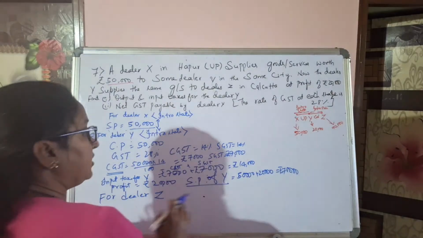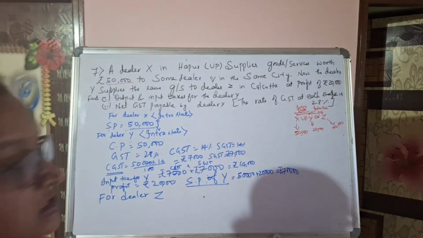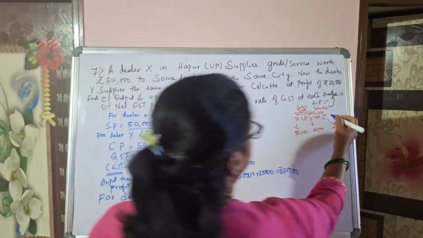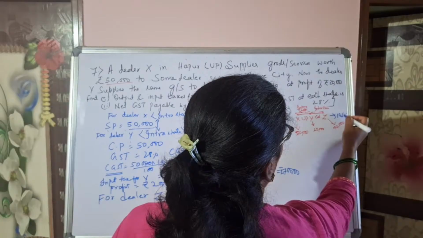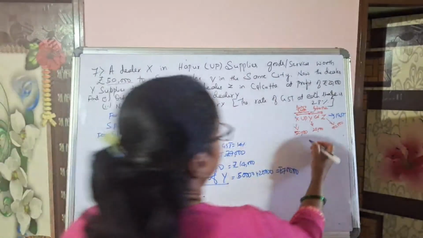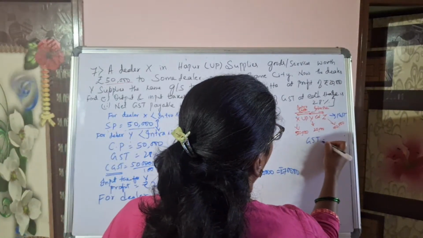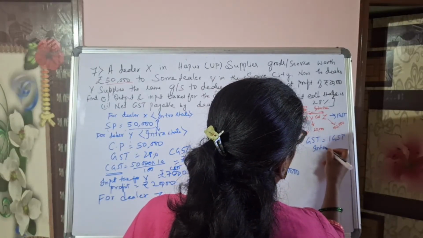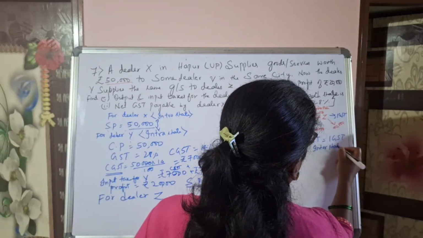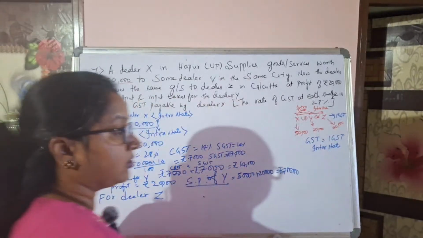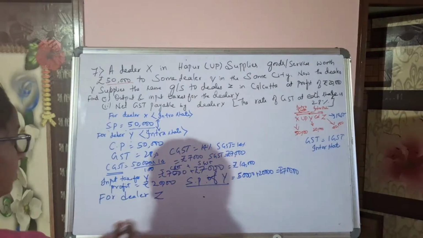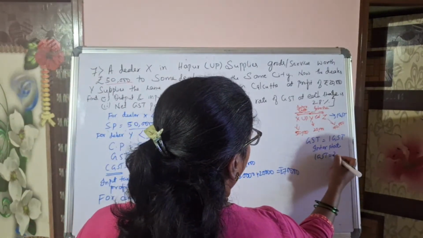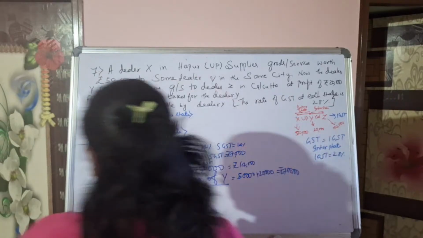That means here CGST and SGST are not applicable. Only IGST is applicable. So GST is equal to IGST in interstate transaction. Therefore, IGST is equal to 28%.